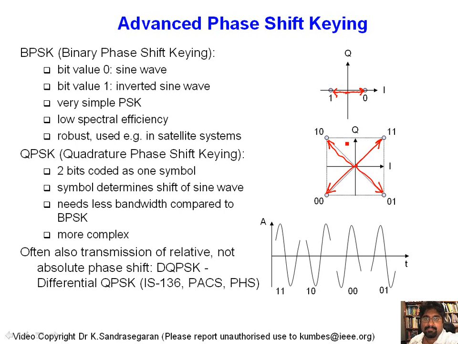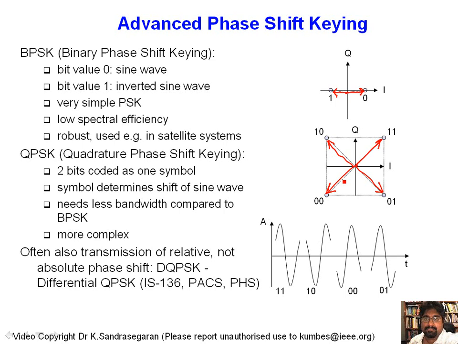Now, you essentially group the bits that you receive into pairs. So, for example, if the first bit and the second bit are a 1 and a 0, you transmit this particular phasor. If the next 2 bits are a 0 and a 0, you would transmit this phasor, and so forth. Okay, so this is referred to as quadrature phase shift keying.